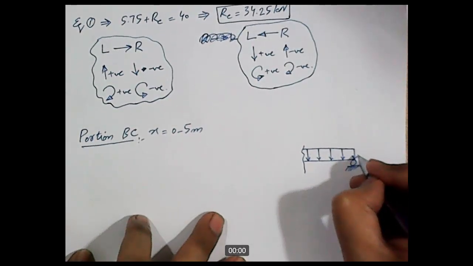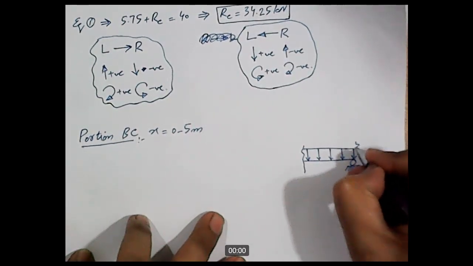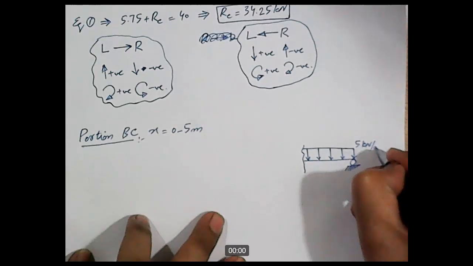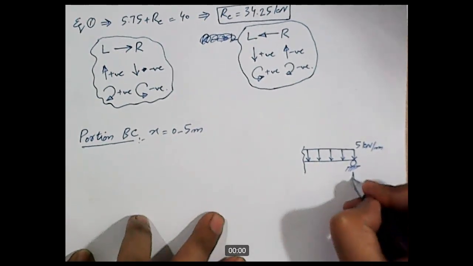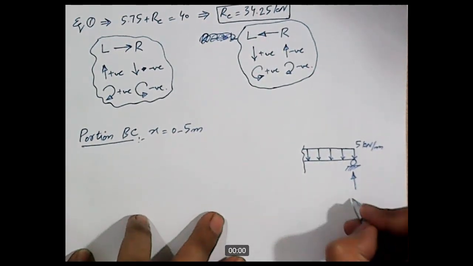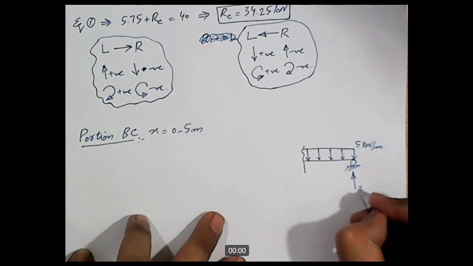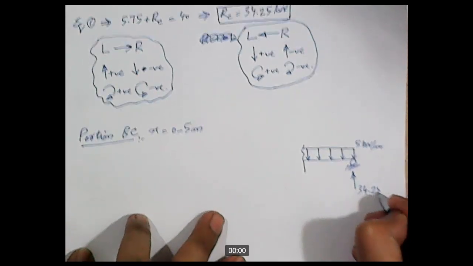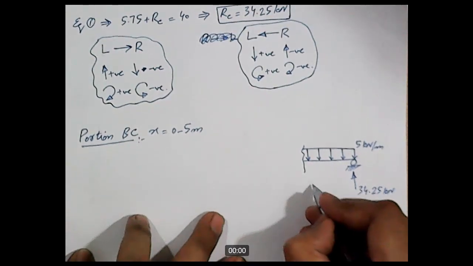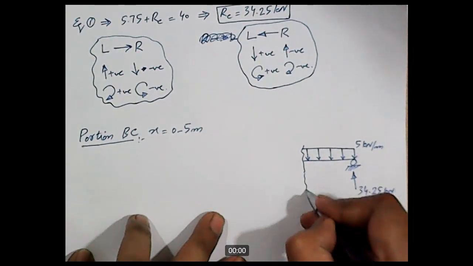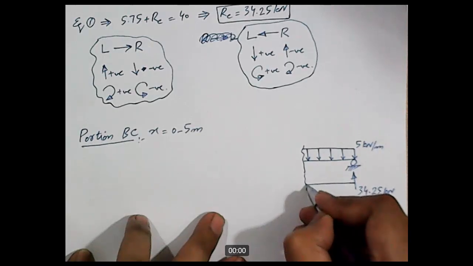The intensity of this UDL is 5 kilonewton per meter. We have one reaction here, RC, whose magnitude is known to us. It is 34.25 kilonewtons, and the X in this case will start from this side.